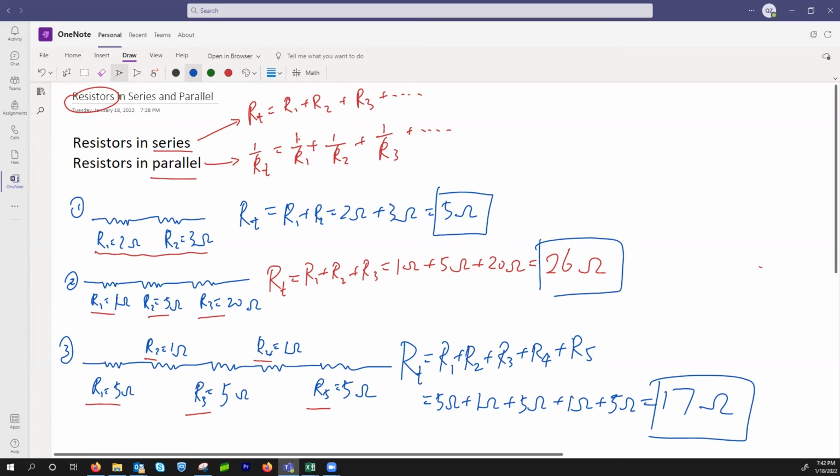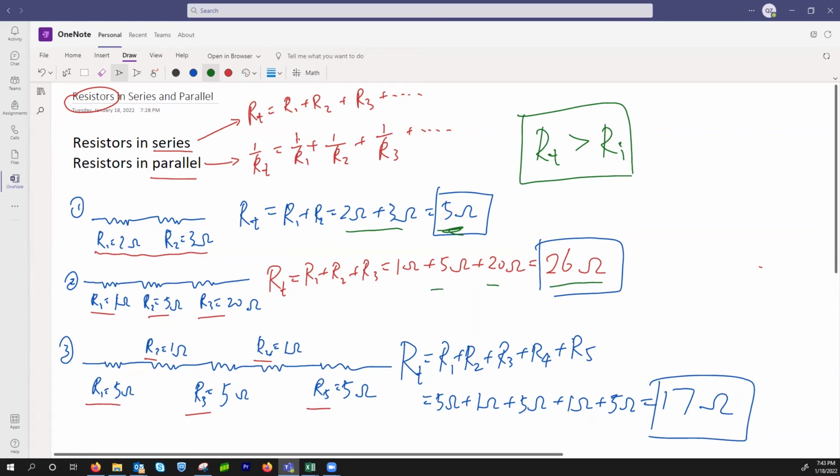Okay, based on the examples here, what is the pattern do you see? If we compare the value of the R total with each individual resistors, we realize that the R total is always greater than any of the individual resistors. Same here, the second example, our total is 26 ohm.